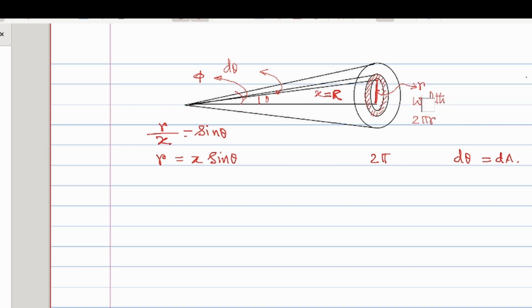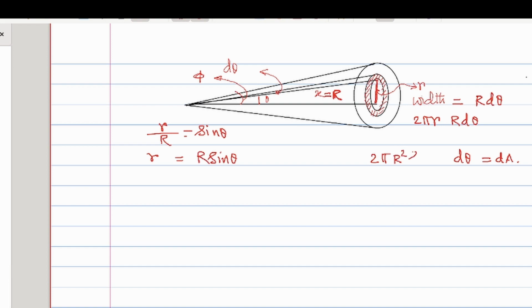Okay, so let me rewrite these things. Okay, so for this case width equals to r d theta, capital R d theta. and the area is equals to what? 2 pi small r into capital R d theta. And small r by capital R equals to sin theta. So small r equals to capital R sin theta.